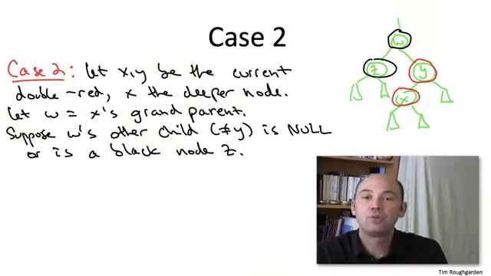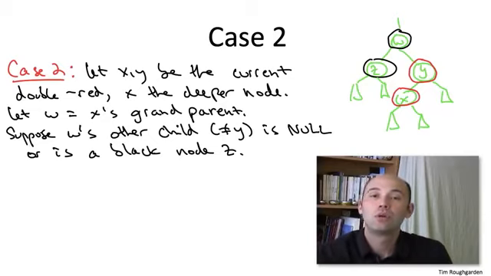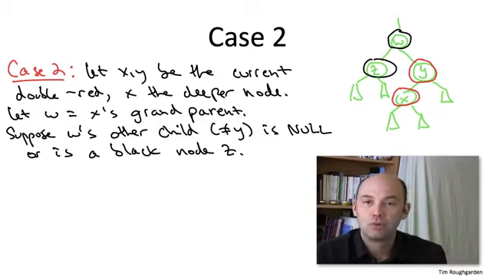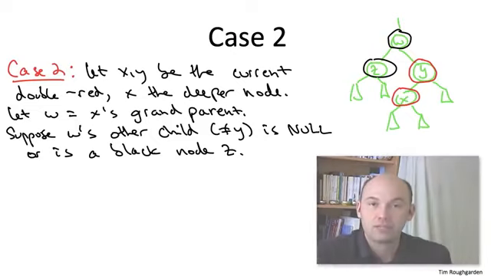Well, it turns out case 2 is great in the sense that with merely constant work, you can restore invariant number 3, you can get rid of the double red without breaking any of the other invariants. You do have to put to use both of the tools we have available in general, both recolorings and rotations, left and right rotations, as we discussed in the previous video. But if you do just a constant number of each, recolorings and rotations, you can get all 4 of the invariants simultaneously.